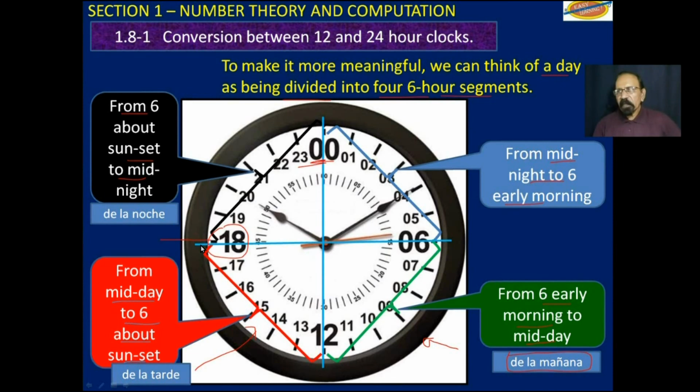And from sunset to midnight, they would say de la noche. And then from midnight to about sunrise, it will be de la madrugada, early morning. But the 24-hour system doesn't have that, and the AM and PM system doesn't have that.